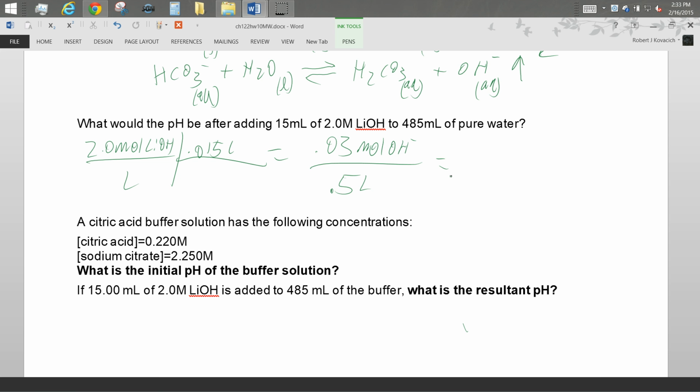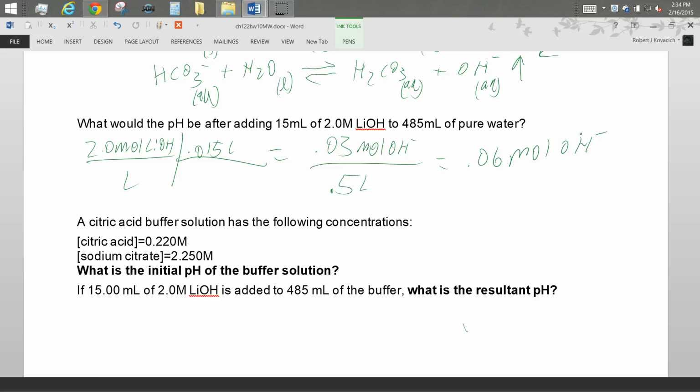Yeah, so if I take my 15 milliliters and my 485 milliliters, I get 500 milliliters. And so that's half a liter. So that's the amount of hydroxide that's been added to this water.